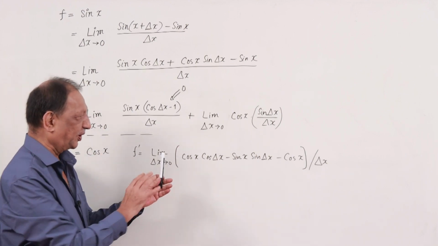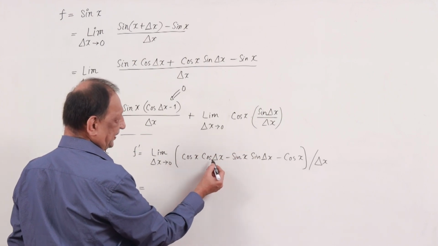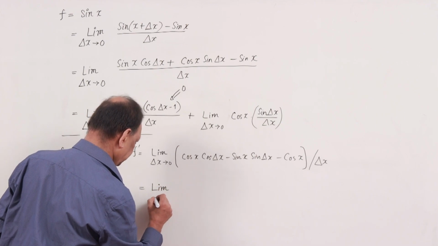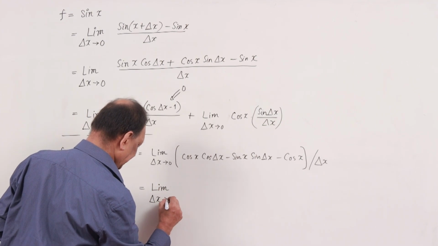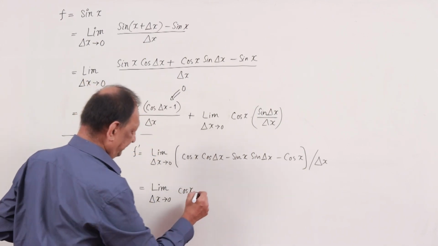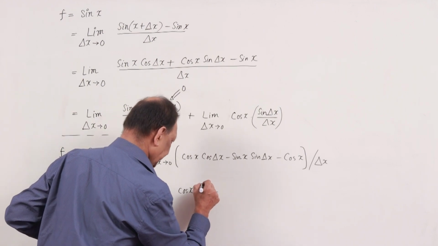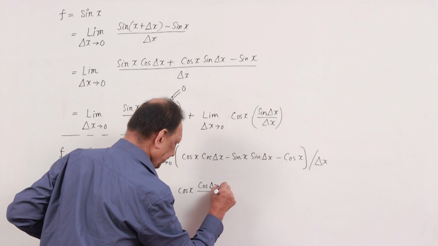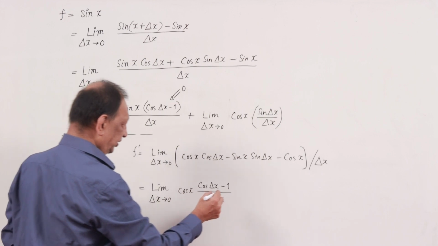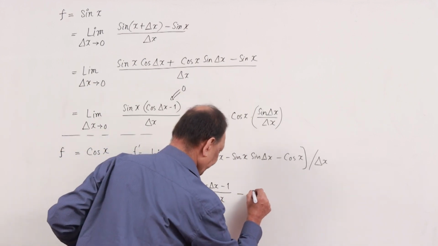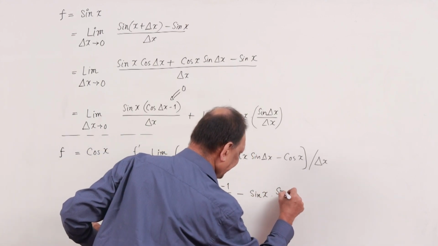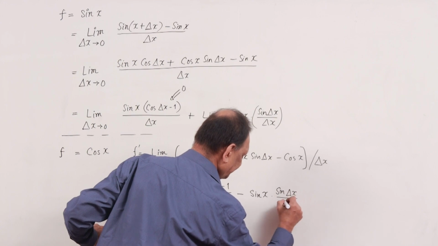Again, as usual, we have to combine these terms. So I got a cos x cos delta x minus cos x. You can combine that as one limit, which is cos x multiplied by cos delta x minus 1 divided by delta x. I'll divide that individually. Minus sin x multiplied by sin delta x by delta x.